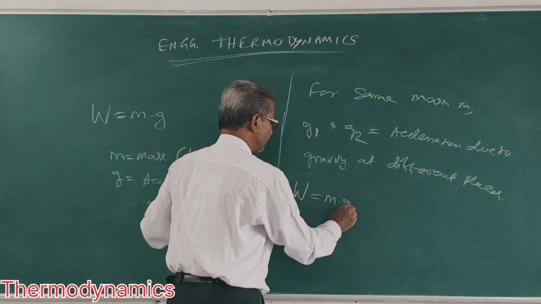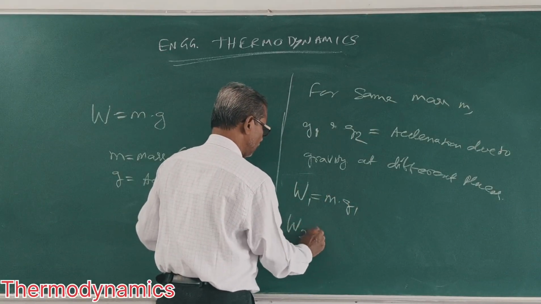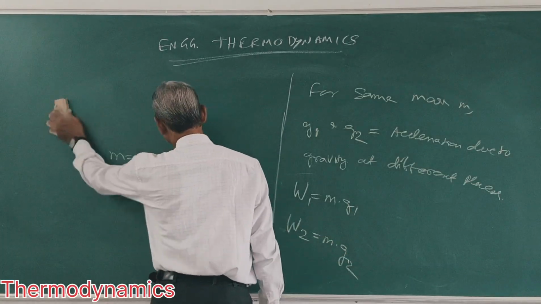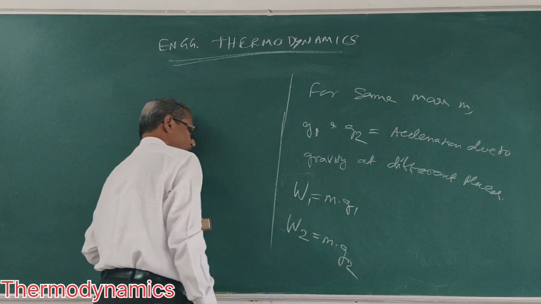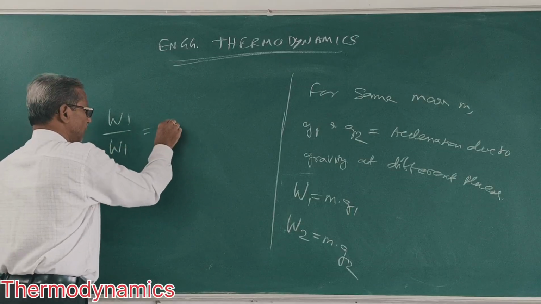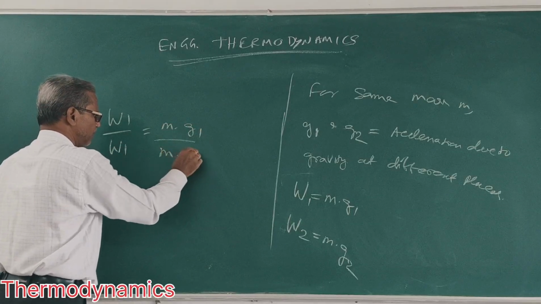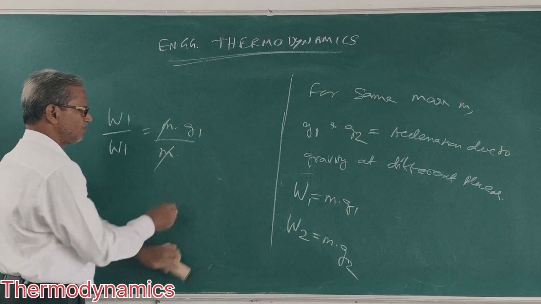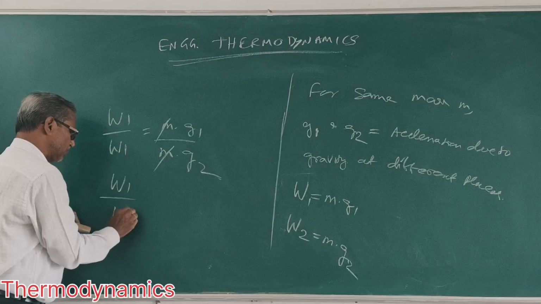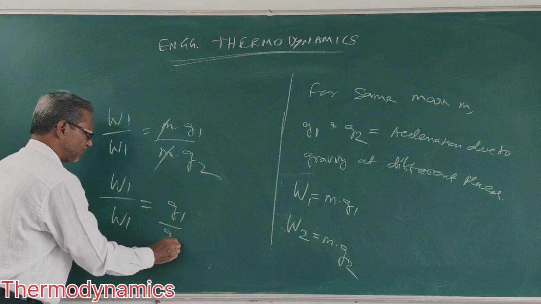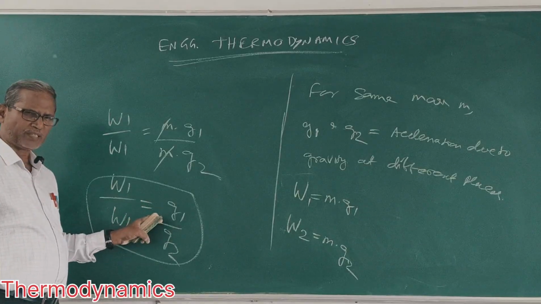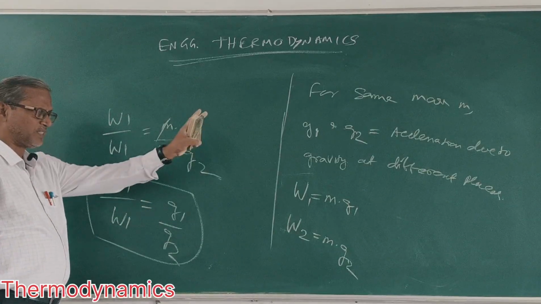M into g1. What is W2? M into g2. Clear? So what is W1 by W2? M into g1 by m into g2. Clear? So W1 by W2 is equal to g1 by g2. So the value of g is different at different places, so weight is also different, but mass remains constant.